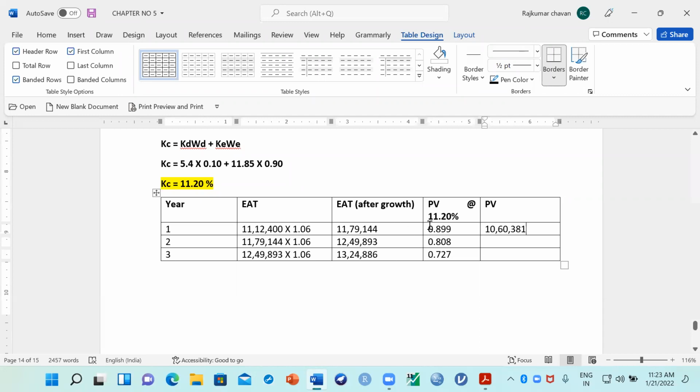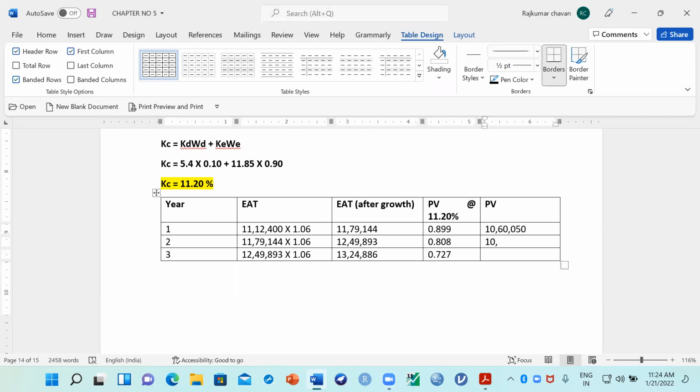What is the first year value, is it correct? 10,60,000, if you take 0.899, let us take 0.89. Okay, 10,60,000. Is this the value you are getting? If you take that particular value, 0.899, what is the second year value you are getting?